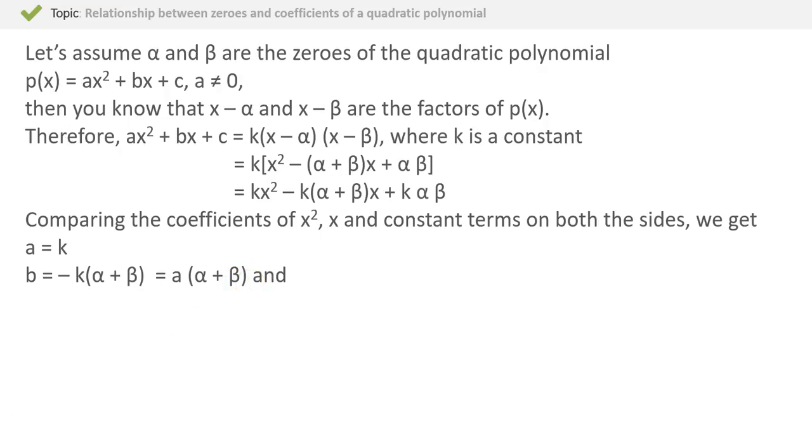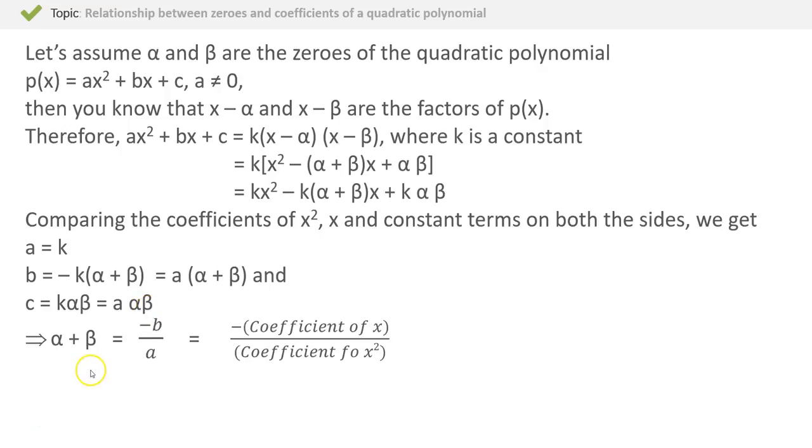And c equal to k times alpha beta if you compare the constant term, which is k alpha beta, to the constant term, which is c. And now since we know k is equal to a, we can replace k by a, and then what we get is c equal to a multiplied by alpha and beta.